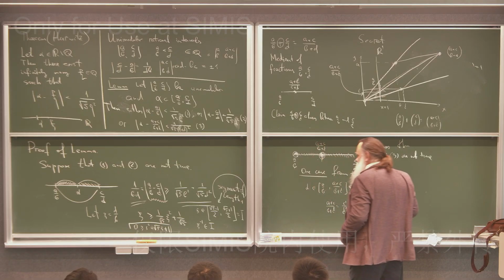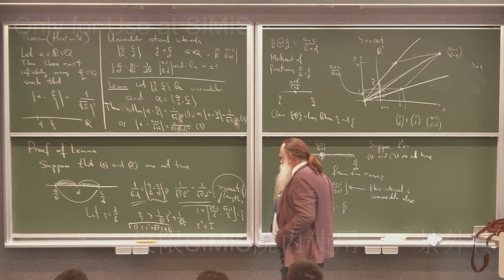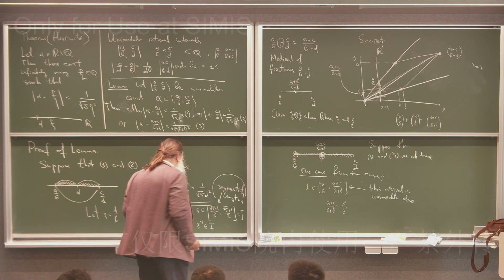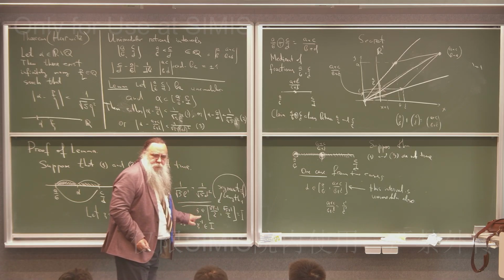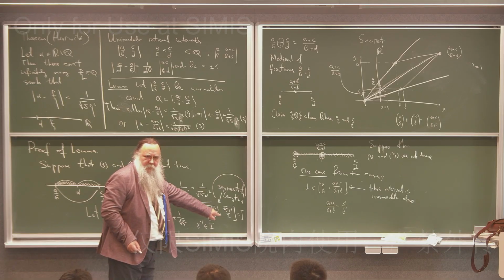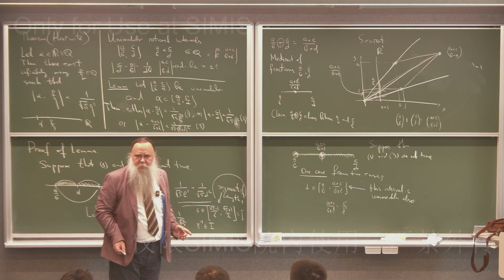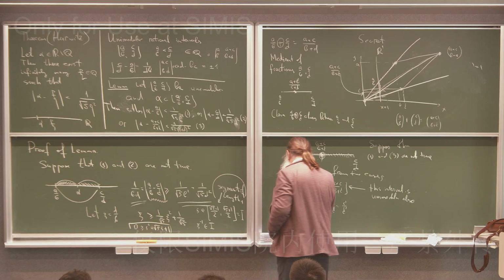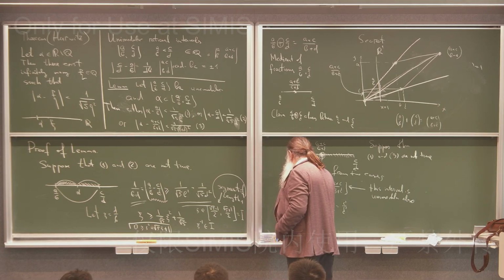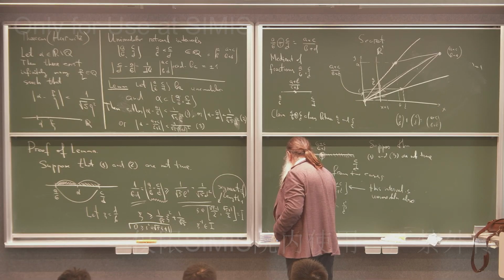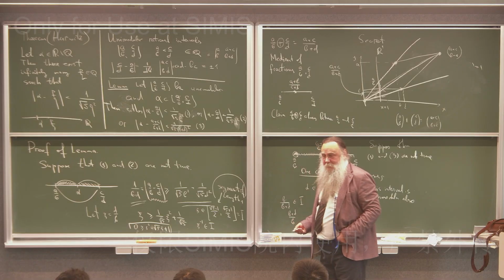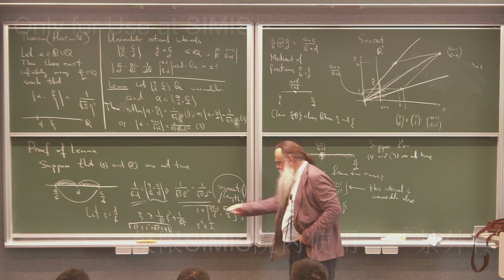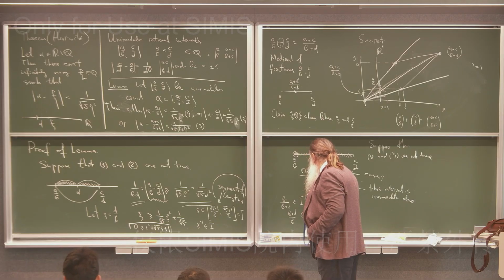But we have a conclusion that the ratio of determinants belongs to this interval I. So what ratio? B over B plus D, or B plus D over B. It doesn't matter. Both of them do. So this belongs to the interval.